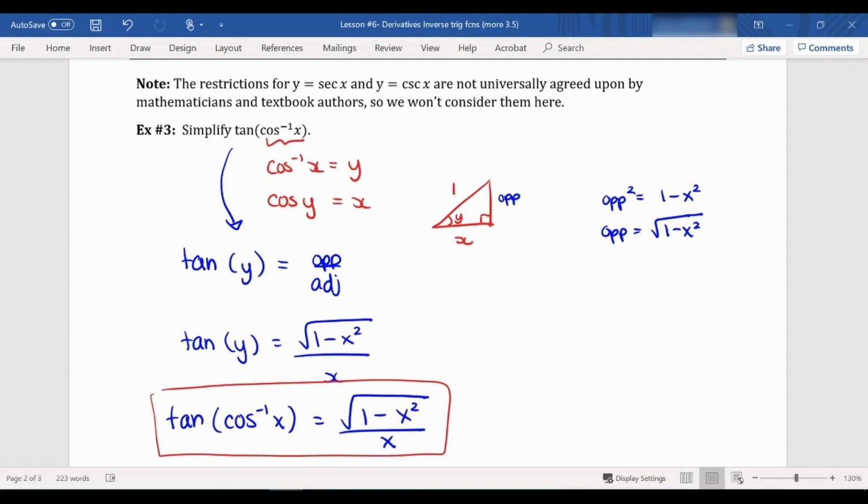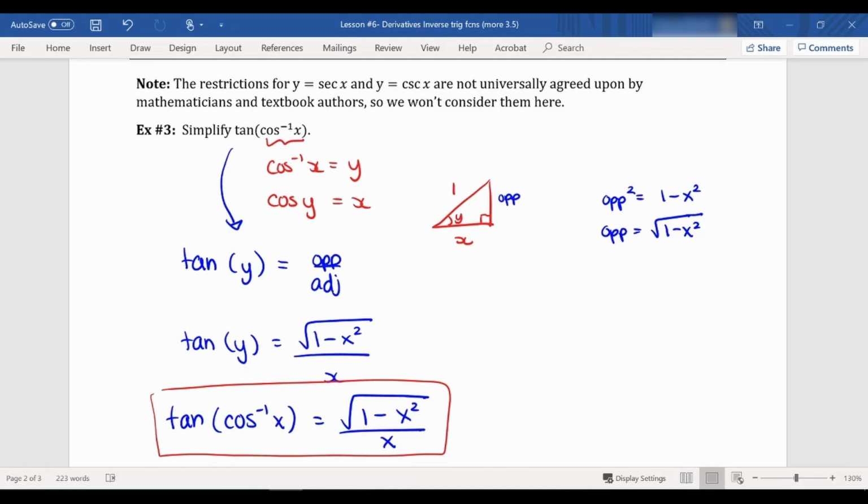So if I'm doing tangent of an inverse, I'm doing tangent of an angle. And the question is, can I come up with what that angle is, basically, so that I can find my tangent of that. So we're going to use some of this information to help us come up with how to find the derivatives of these inverses.